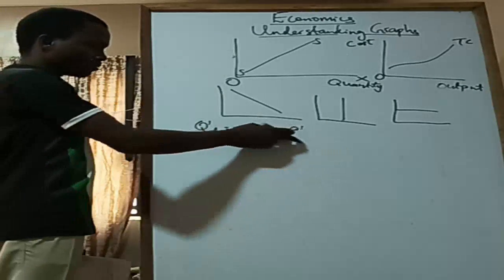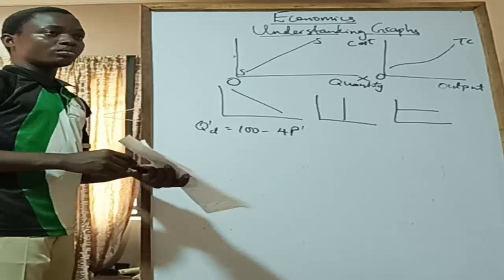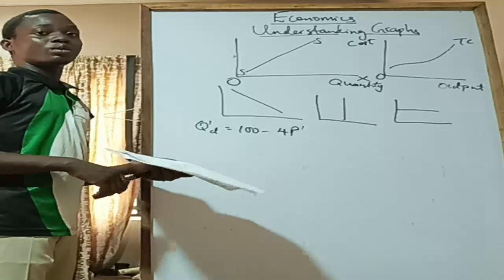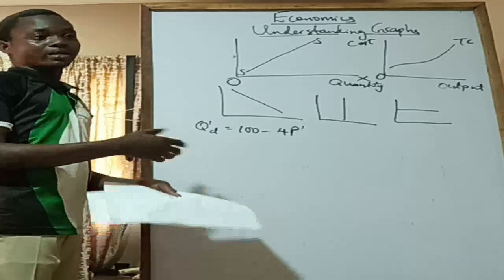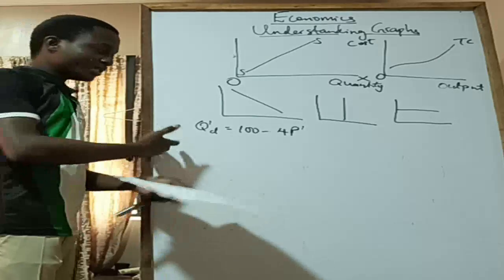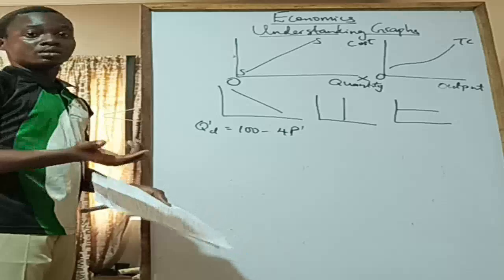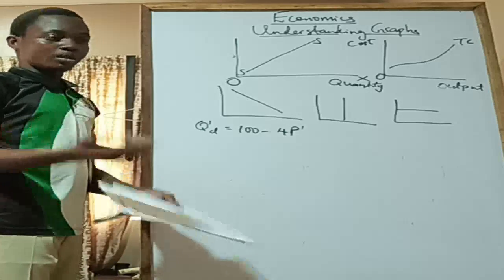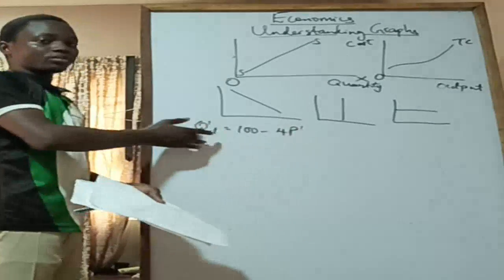All of these things belong to a type of function in mathematics that we call polynomials. Here the polynomial is raised to power one, so it's a polynomial of degree one, a first degree polynomial, because the highest power of the variable is one.